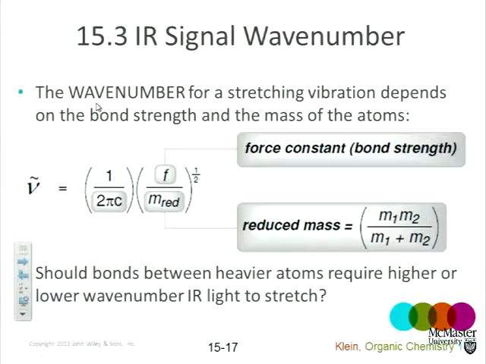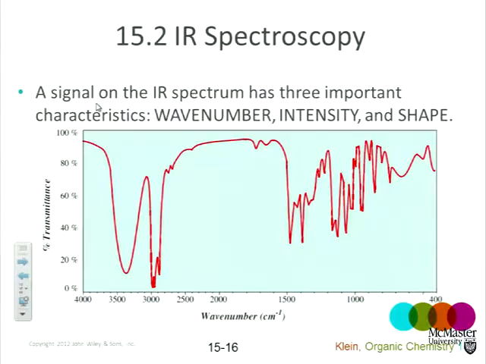So that just tells you why all the bonds between carbon and hydrogen, oxygen and hydrogen, nitrogen and hydrogen, all the bonds to hydrogen, are on the left-hand side of the infrared spectrum. Notice that in this previous spectrum, the CH and the OH bonds were all here, 3,000 centimeters to the -1 and above.